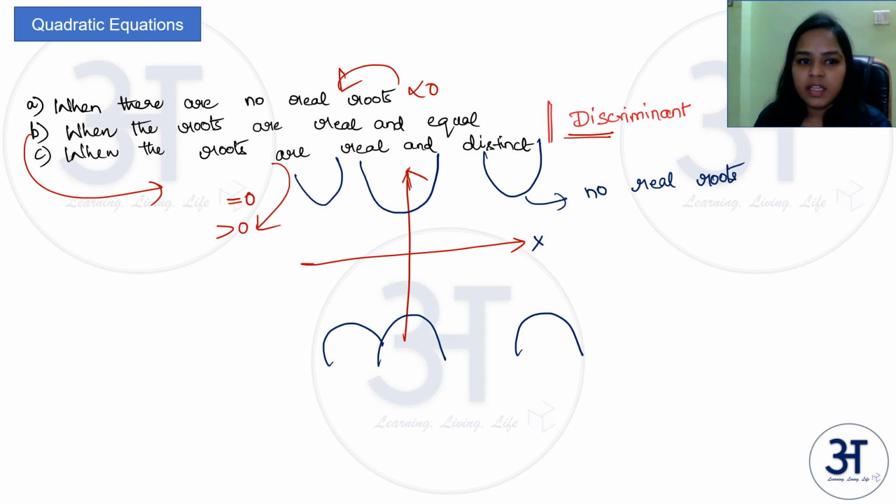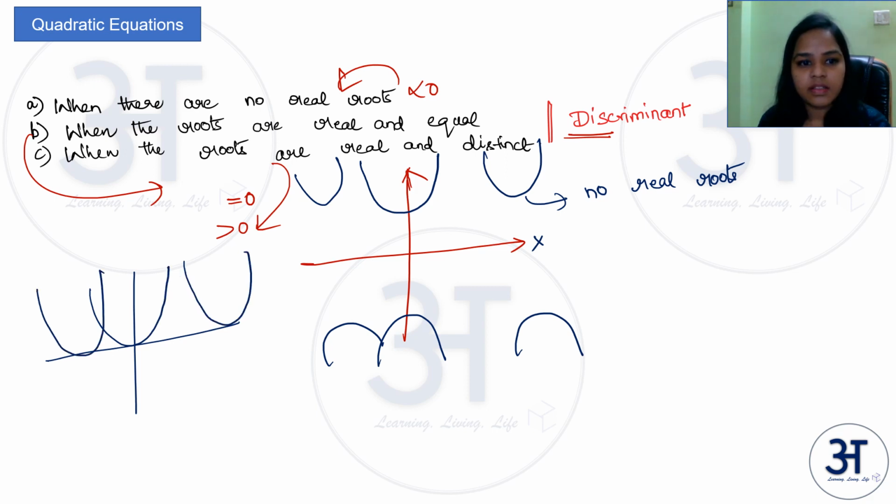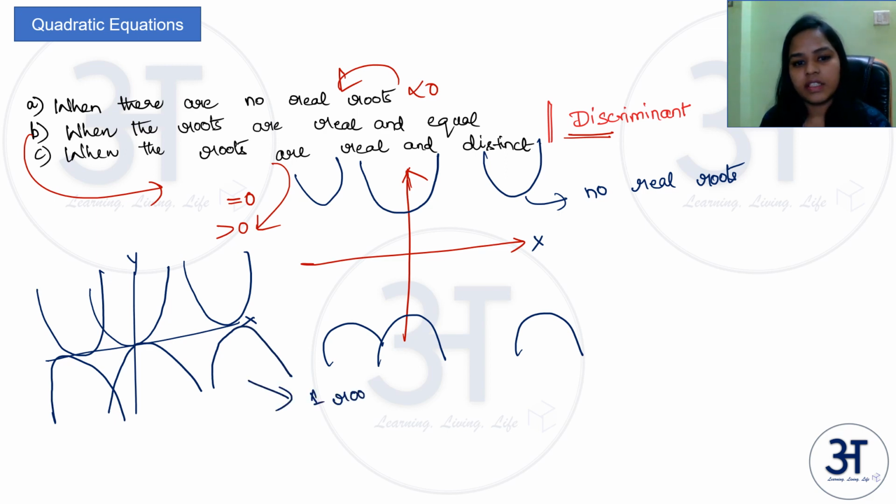If the parabola is cutting the axis only at one place, either like this or like this or like this, again this is x-axis, this is y-axis throughout, or it may be facing downwards, there is only one real root, or two real roots which are equal.